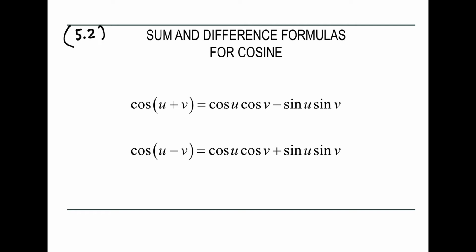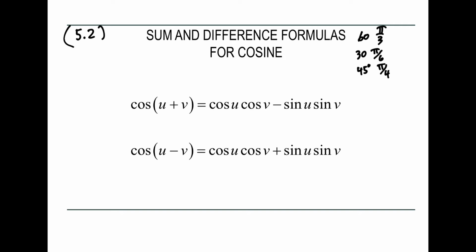In 5.2, we're going to look at the sum and difference formulas that we have for sine and for cosine. One of the reasons why we have these is that we know the special values for sine and cosine: 60 degrees or pi over 3, which give us special things for cosine; 30, which is pi over 6; and 45 degrees, which is pi over 4.